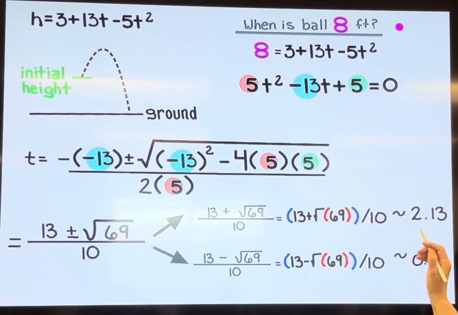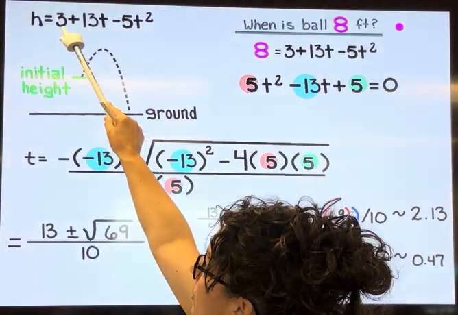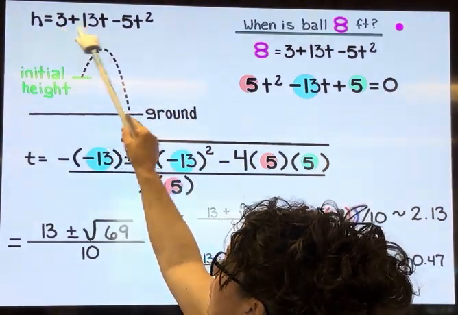And this is the time. So at 0.47 seconds, and I've rounded to the 100th, the height of the object is 8, and again at 2.13 seconds, the height of the object is 8. So it started off at a height of 3, because that's the C in this.